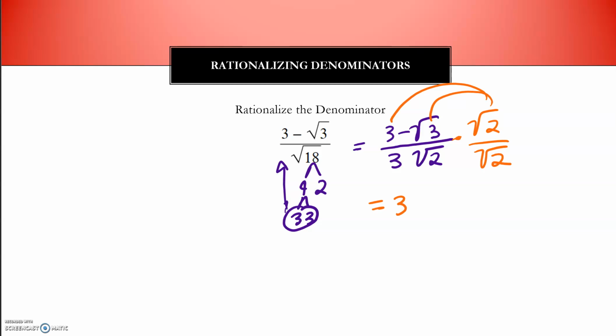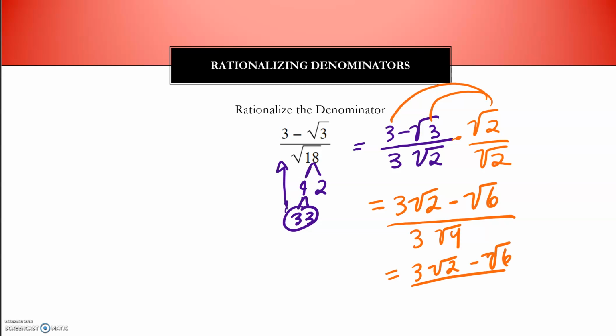Distributive property up top, 3 square root of 2 minus the square root of 6 over 3 square root of 4. I know that the square root of 4 is 2. And in this case, because nothing is going to cancel, okay, only 2 of the terms have a factor of 3.